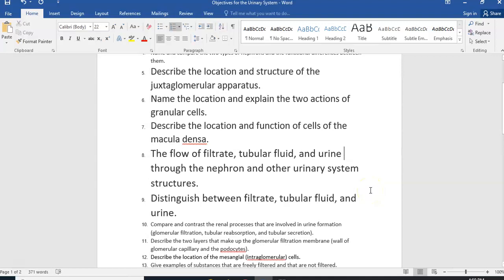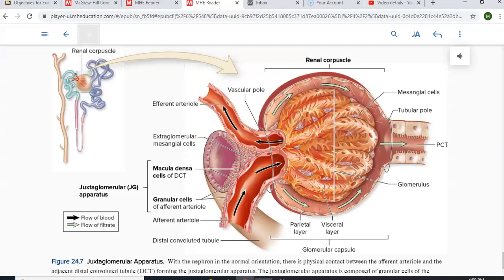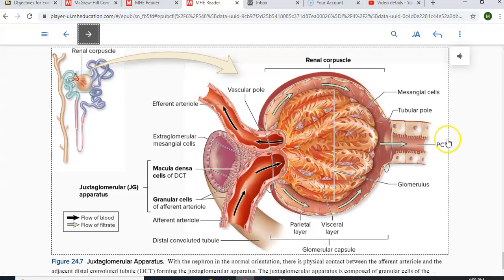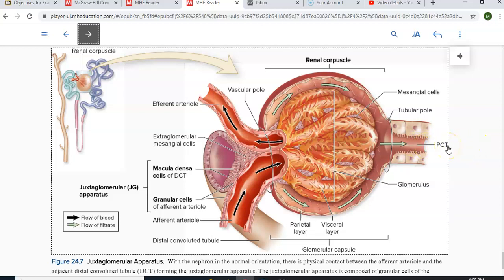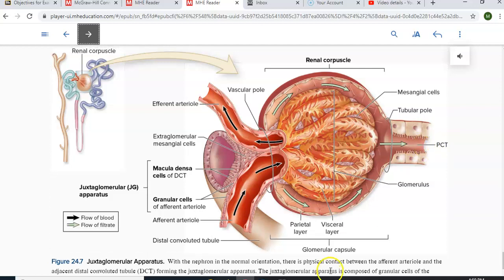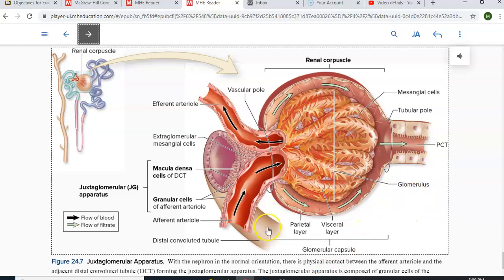So as soon as the filtrate leaves the Bowman's capsule, then it's going to enter the proximal convoluted tubule and then on to the loop of Henle, distal convoluted tubule. We start calling it tubular fluid at that point. And then not until it gets to those collecting ducts do we start calling it urine.